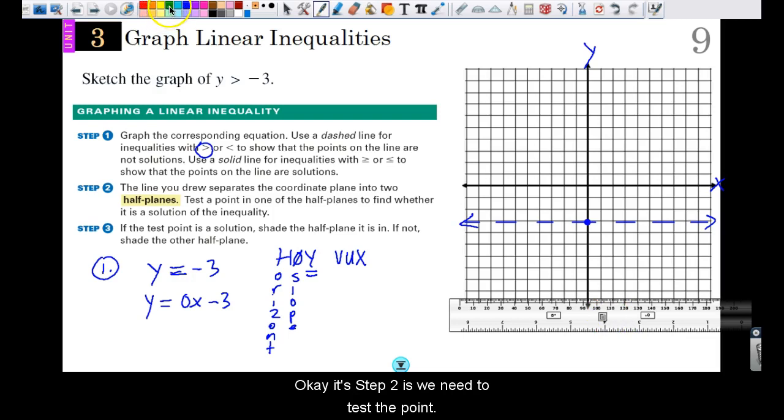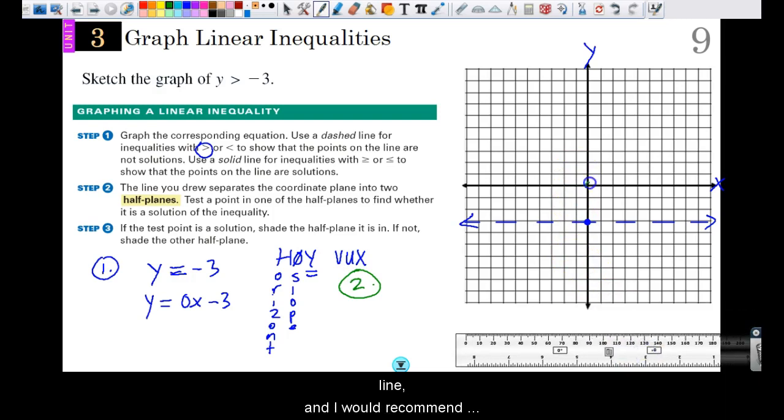Okay, step 2 is we need to test a point. So you need to pick a point either above or below the line, and I would recommend picking the point (0, 0), because that would be the easiest point to test. But you can choose any point. You could have picked up here or over there or down even below. So I'm going to pick (0, 0), and I put 0 in for y, and I want to know, is that greater than -3?